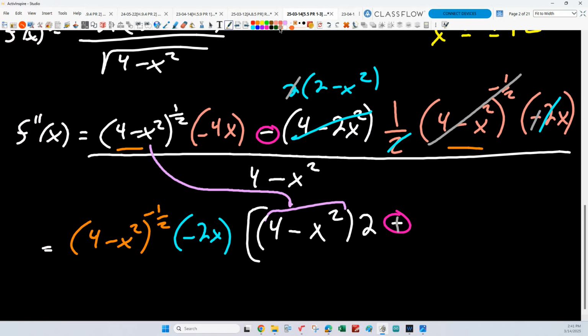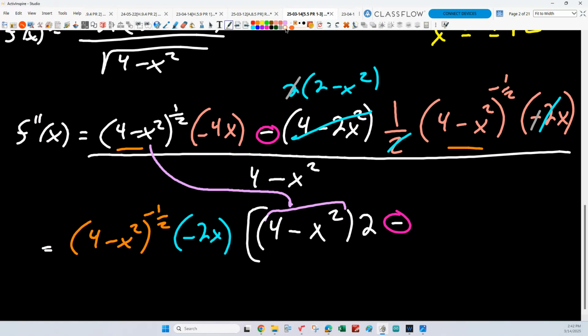That's gone. So all we had left was just 2 minus x squared. Oh, you're right. It's not a plus, it's a minus. You're right, because we already have a negative there. So all that we had left was just that factor. Everything else got undistributed.